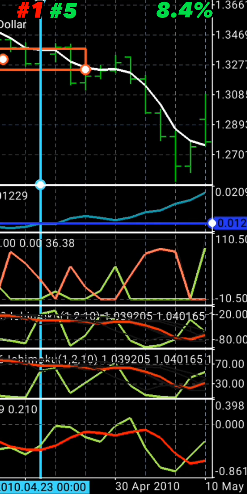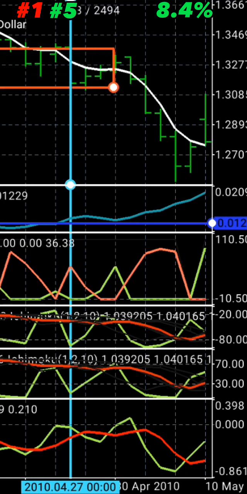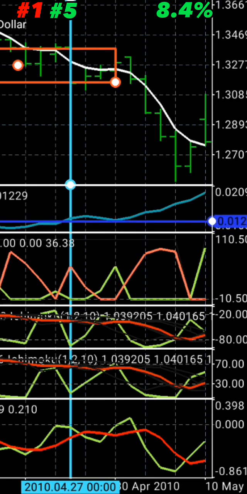So if we continue, we'll stick to our model, our system, follow it religiously. We see that here also our indicators tell us to go short, but it turns out that price actually went against the prediction, and this will also lead to another 2% loss of our account.